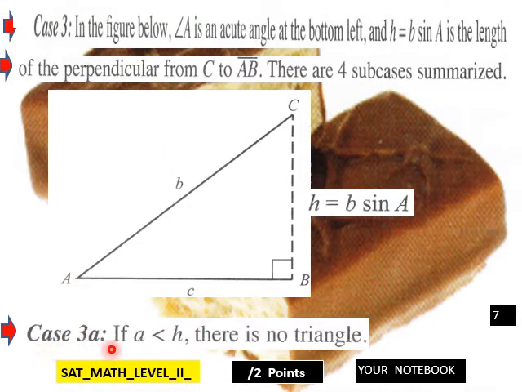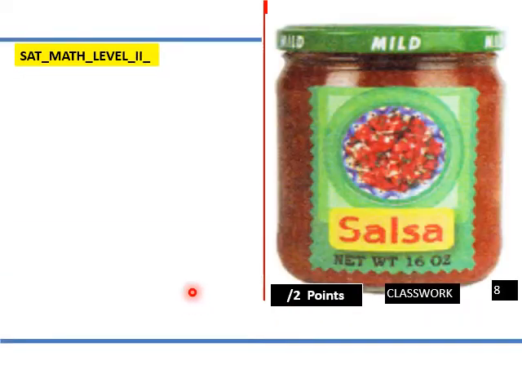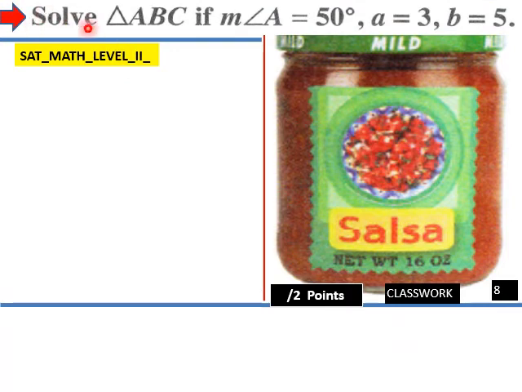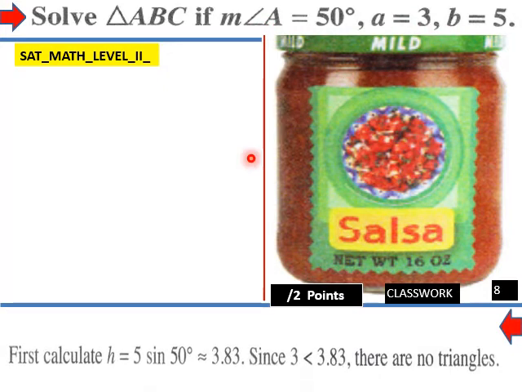Case 3A, if a is less than h, so if the length a here is less than the height, there is no triangle. Then solving triangle ABC where the measure of A is 50, a is 3, and b is 5.